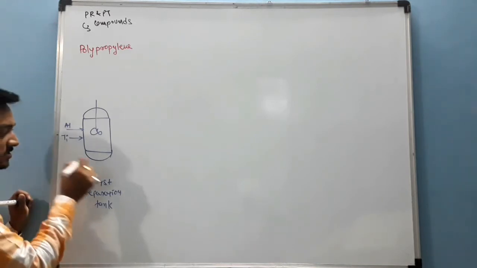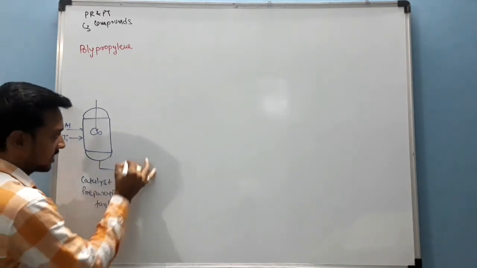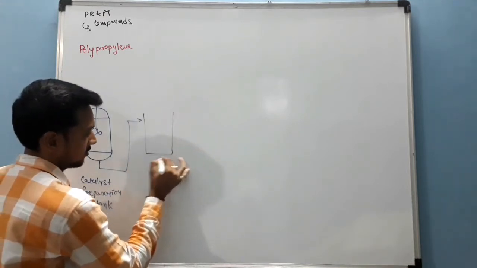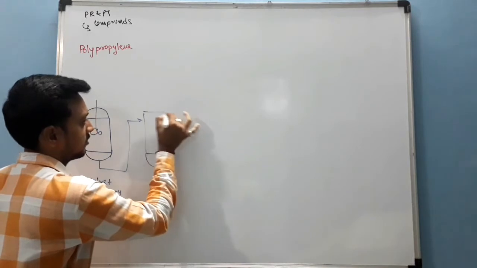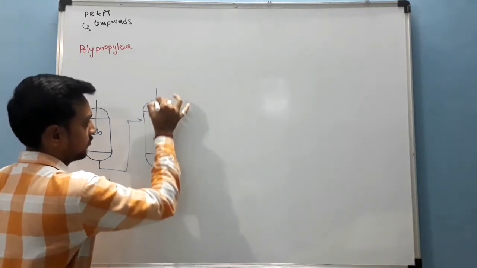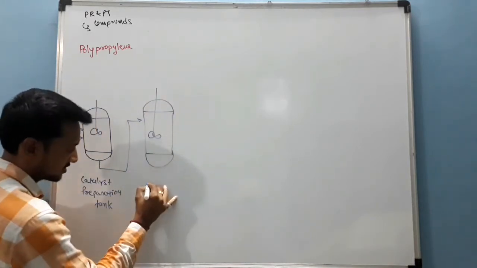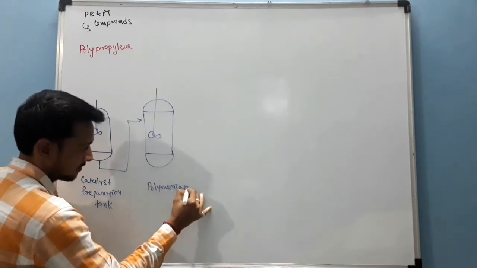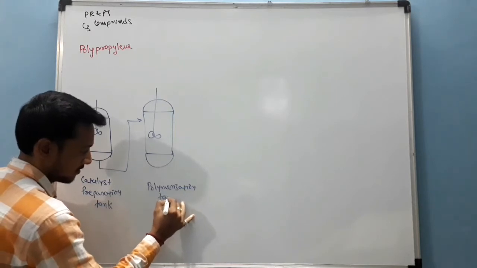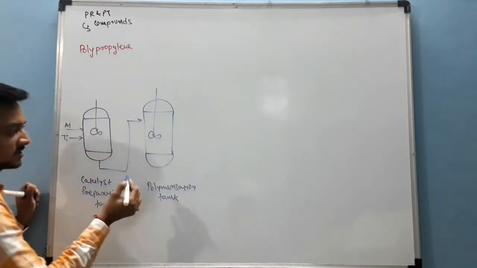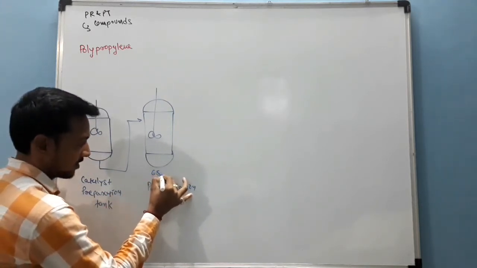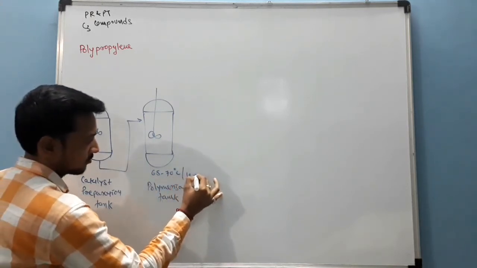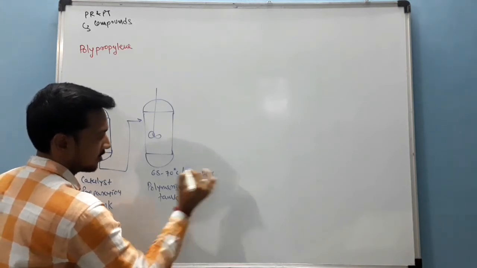Okay, this mixture is sent to a polymerization tank. The condition is 65 to 70 degrees Celsius and 10 to 20 bar pressure.